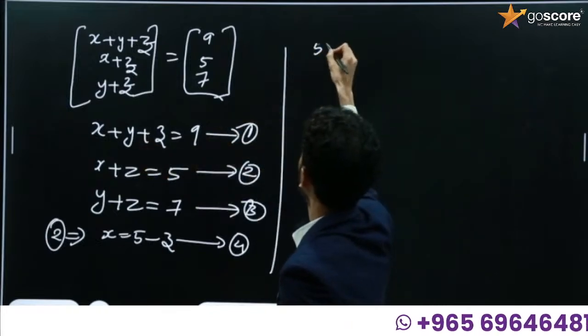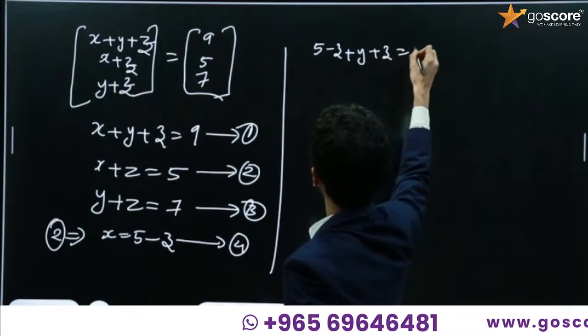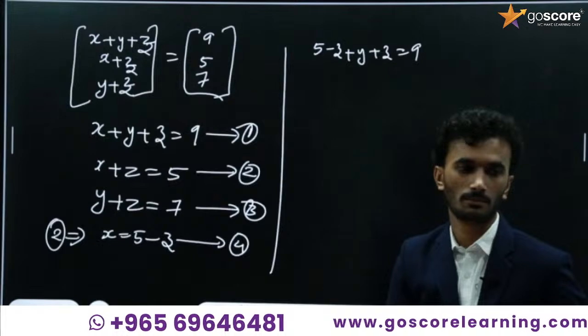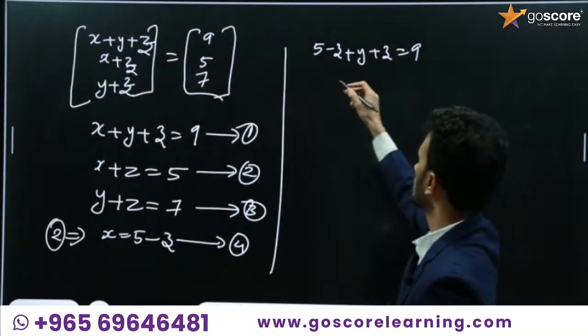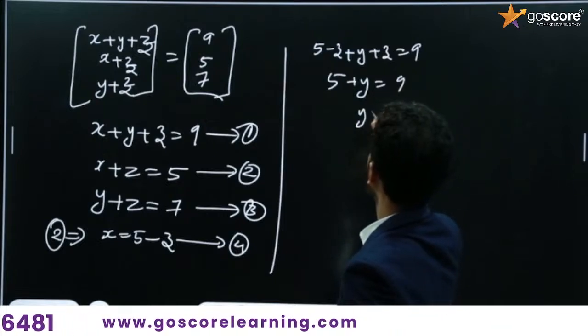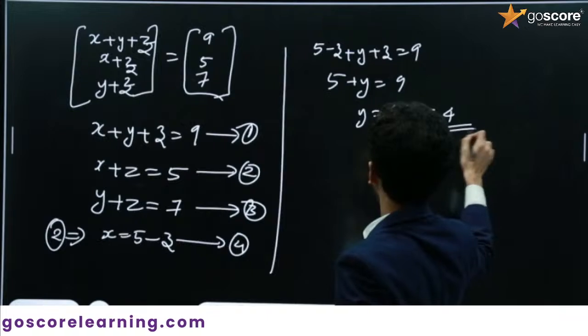So 5 minus z plus y plus z is equal to 9. Minus z plus z is 0. So 5 plus y is equal to 9. Y is equal to 9 minus 5, that is equal to 4.